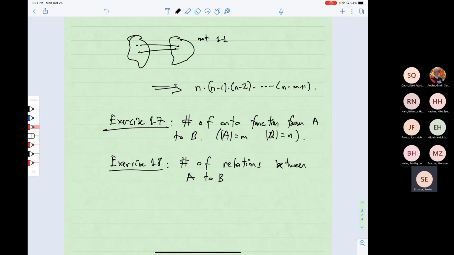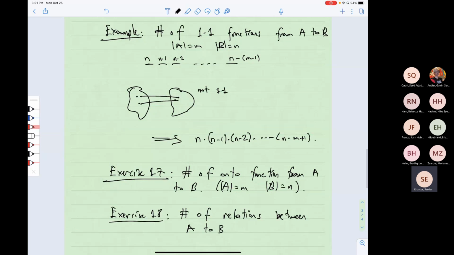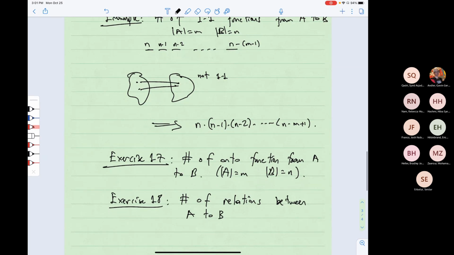A relation was a subset of the Cartesian product, right? A relation from A to B is a subset of the Cartesian product A cross B. But how many subsets does a set have in general? So from that you can solve it, but you can also solve it by applying the product rule.